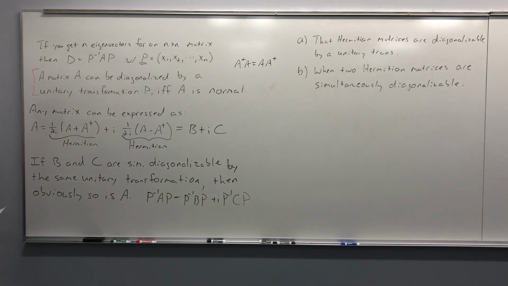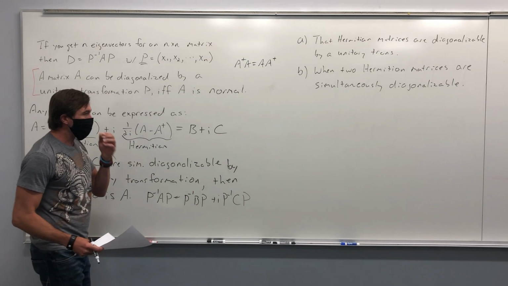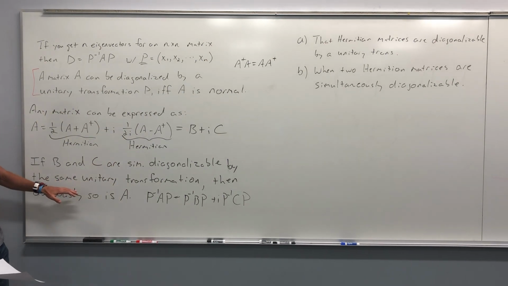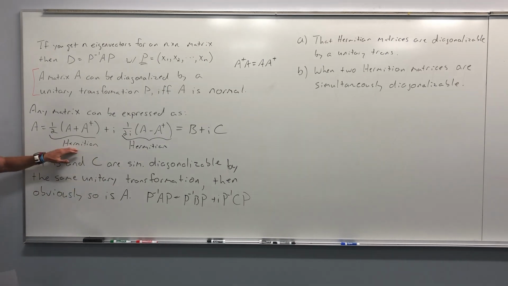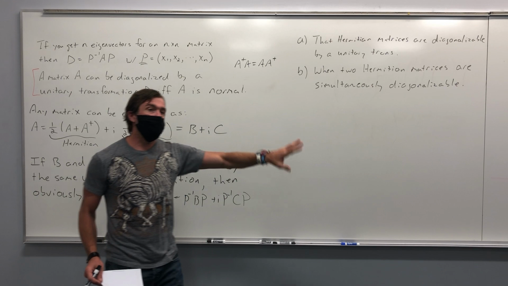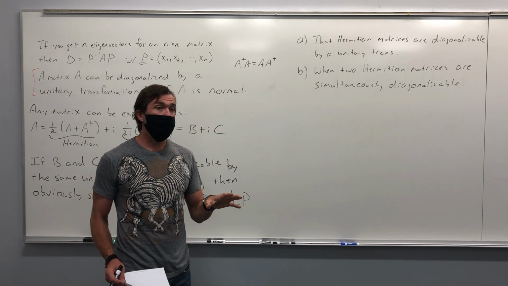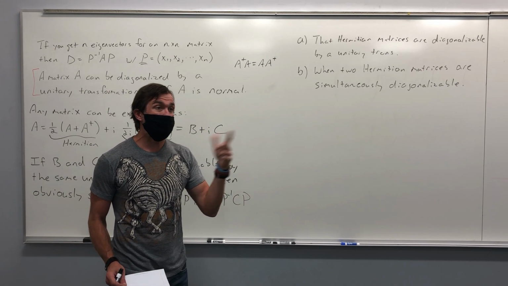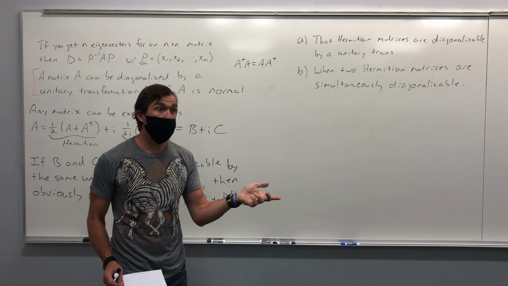Okay? Now I want to remind you, even though the discussion has descended to talking about Hermitian matrices, the result applies to an arbitrary matrix, and it turns out it's going to be restricted to normal matrices. But normal includes more than Hermitian. It includes anti-Hermitian. It includes isometric, that's unitary and orthogonal.